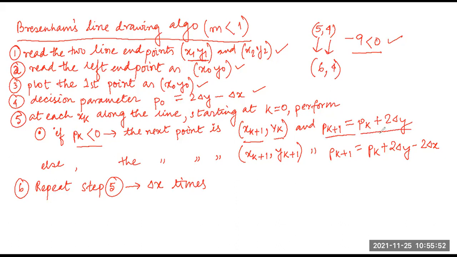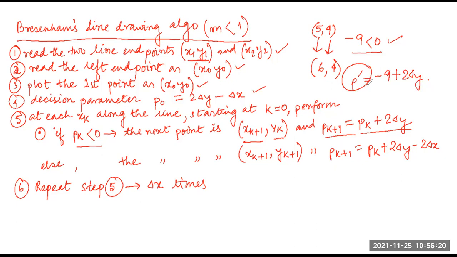Now, what is this value? The new updated value, that is P dash, will be the old P, that is this P, that is minus 9, plus 2 into del y, whatever was your 2 into del y. So again, I will get a value of P from this step. Now again, I will check whether this value is lesser than 0 or greater or equal to 0.